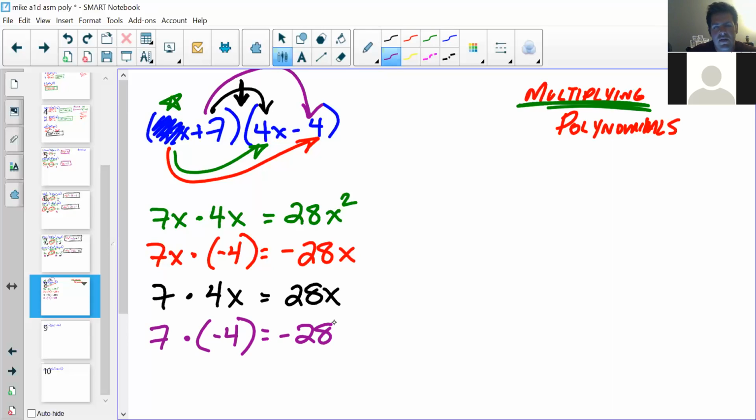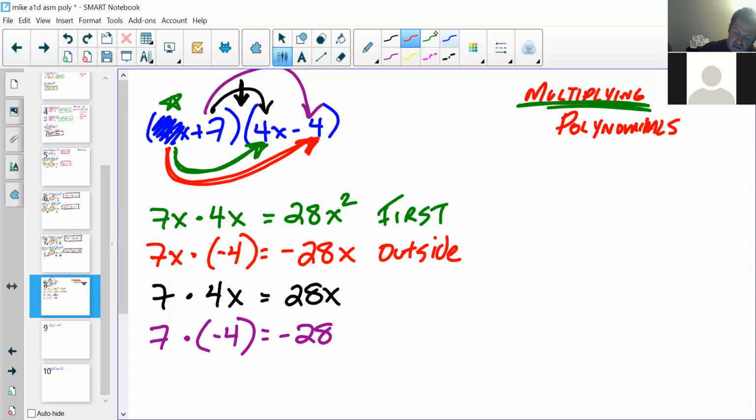There's an acronym that you might have heard about in math first that we kind of just did. And I'm going to color coordinate that also. If you take a look here, this term 7x that we used times that 4x, those are the first two terms in both parentheses. And if you take a look at the 7x that we used times the negative 4, those are the two terms on the outside of the whole picture.